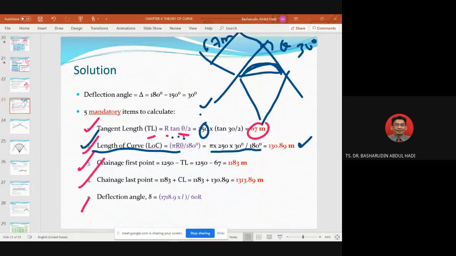So the chainage here, look at the question, is around 1250 meter.